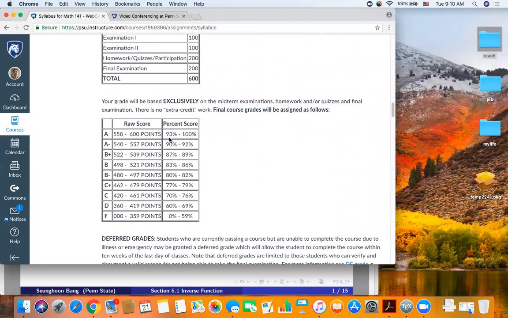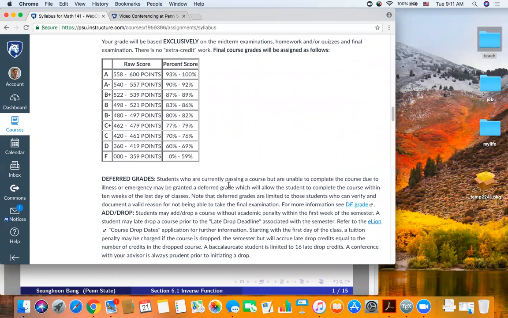Your percentage of 93% is an A, very sharp. For example, if your score is 419, your grade is D. If your score is 420, exactly 70%, it is a C. So we can use this grade scheme.